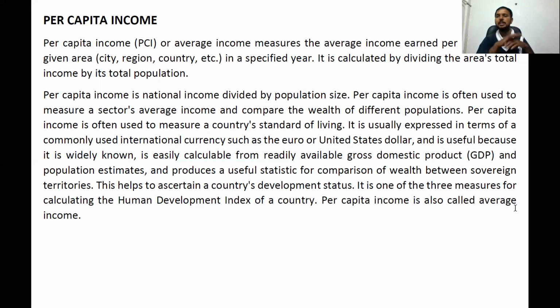Based on this, we can also calculate the human development index. And the last thing is, per capita income is also known as average income, because we divide total income by the population of the country. So we get per person's income, and in this way we get the average income. So guys, this is all about per capita income. Now we will move further.